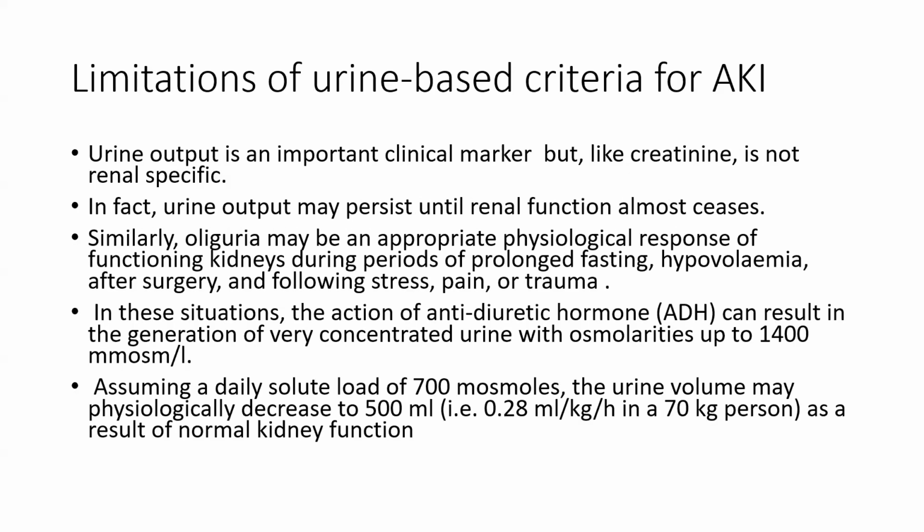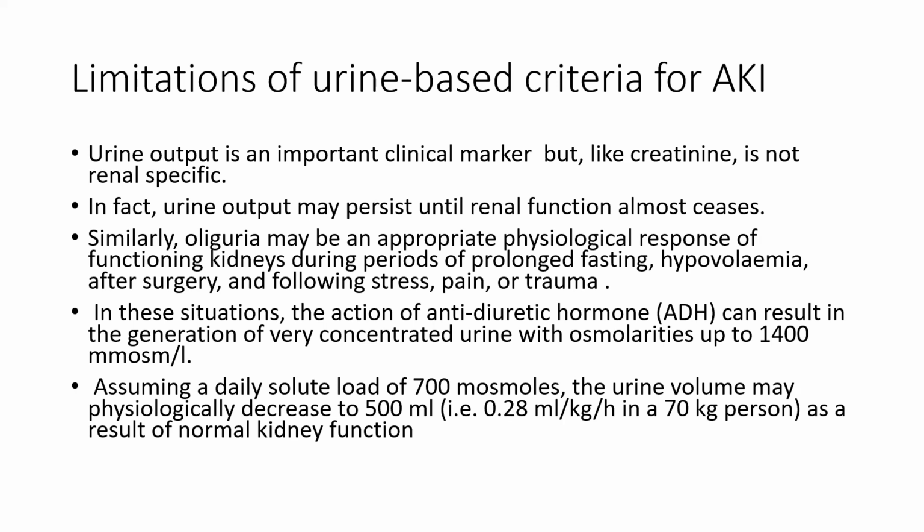So there are certain limitations of urine-based criteria for AKI also. Urine output is an important clinical marker, but like creatinine, it is not renal specific. In fact, renal urine output may persist until renal function almost ceases. Similarly, oliguria may be an important physiological response of functioning kidneys during periods of prolonged fasting, hypovolemia after surgery, or following stress, pain, or trauma.